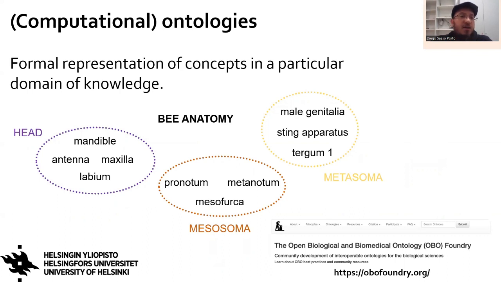And we also can have different types of ontology. So we can have ontologies for anatomy, for taxonomy, for phenotypic qualities, and so on. And you can check out all the biontologies available on the OBO Foundry website.